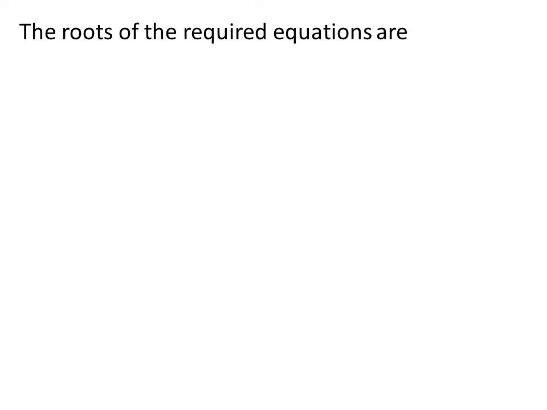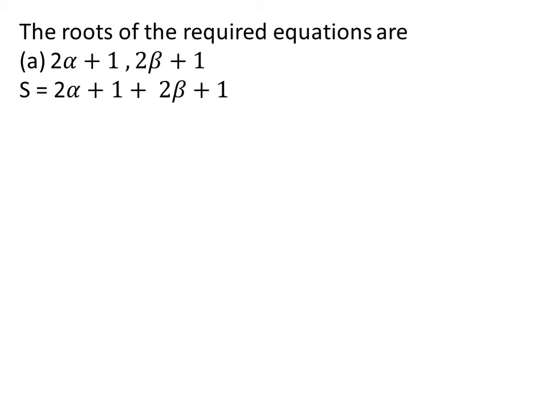As the roots of the required equation are 2 alpha plus 1 and 2 beta plus 1, we have to find the sum and product of these roots. Firstly, we will find the sum. For this we will write s equal to 2 alpha plus 1 plus 2 beta plus 1. By adding these terms we get 2 into alpha plus beta plus 2.